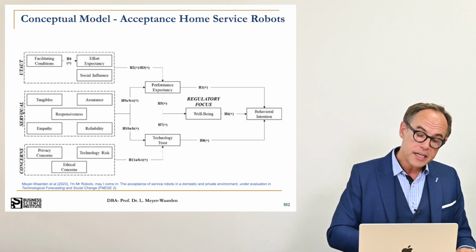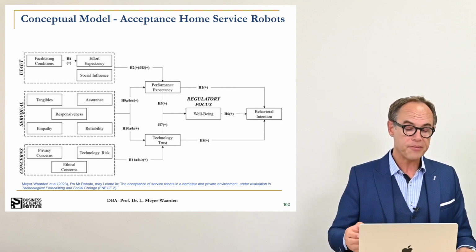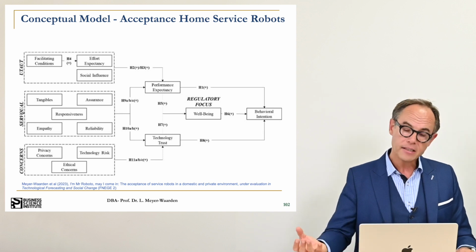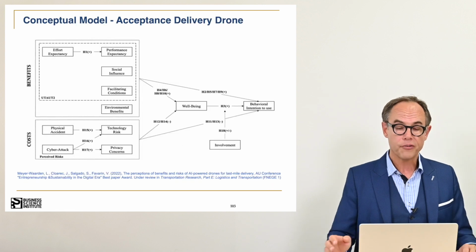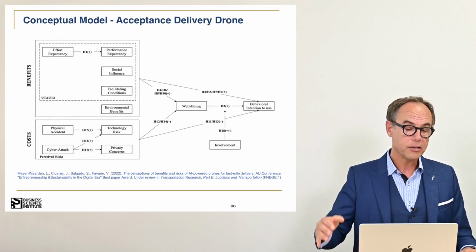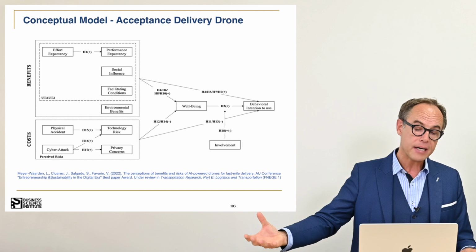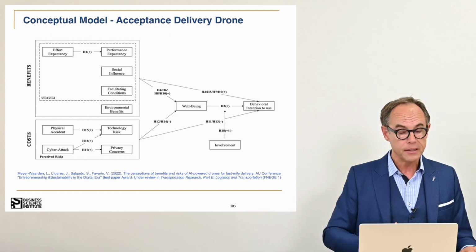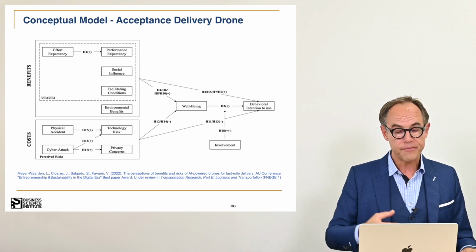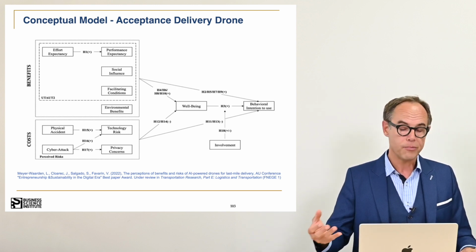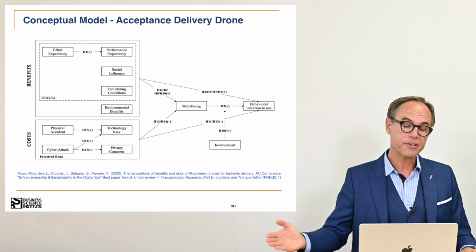And we have the risk conceptual model with privacy concerns, technology risk, and ethical concerns, impacting negatively trust. And last but not least, the model for delivery drones, UT benefits in the upper part, impacting positively well-being. The physical risks, technology risk, and privacy concerns impacting negatively well-being and subsequently behavior intention to use.